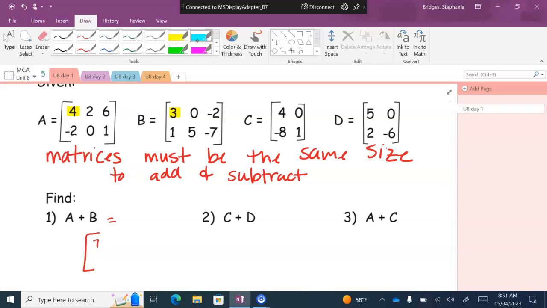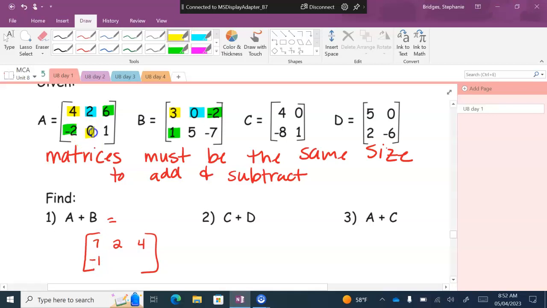And I just do exactly the same thing for every element. I add 2 plus 0, and that goes there. I add 6 plus negative 2. Do you see how it's working? And then we do exactly the same thing on the second row. We're going to add negative 2 and positive 1 together, which gives me negative 1.